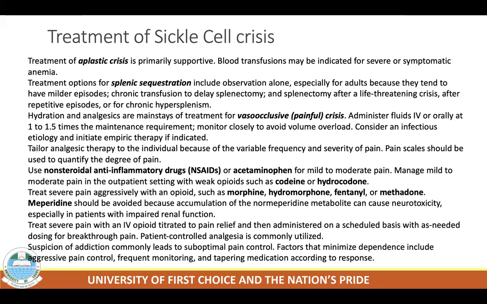Now, as-needed dosing is not implemented in Nigeria because we do not yet have resources to monitor patient self-administration of those extra doses.